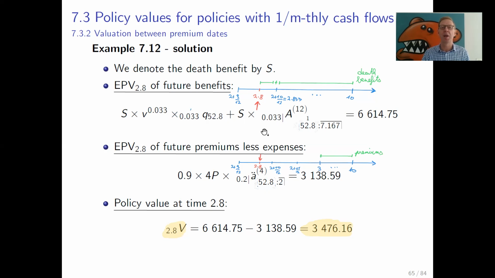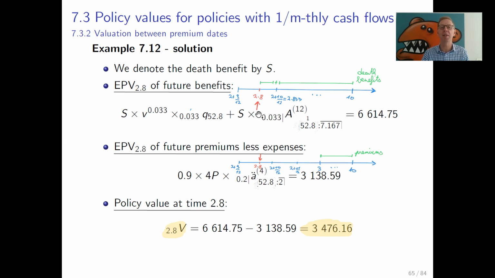It's an amount of S, a deferred term insurance on a person of 52.8 years for a remaining 7.167 years. So the remaining part is from here to here. That's 7.167 years.